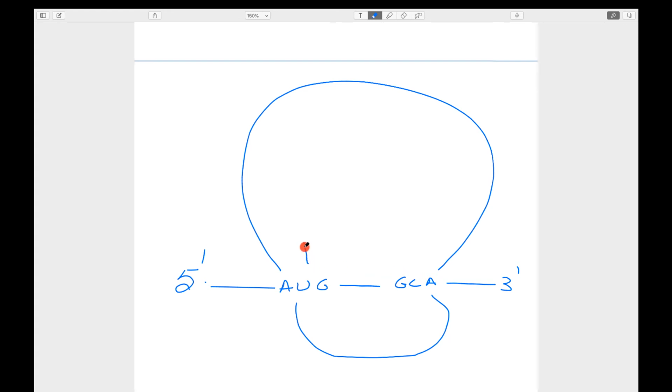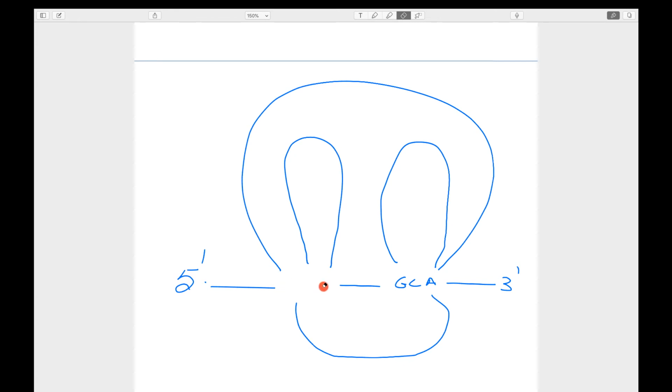This is the P site, this is the A site, this is the exit site, UAC, then CGU.